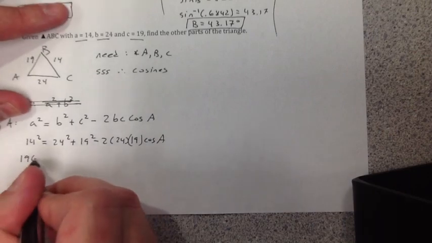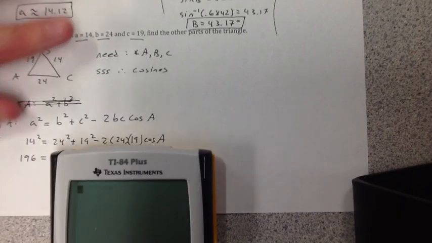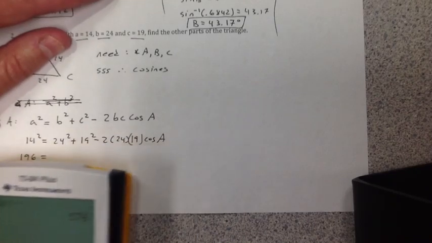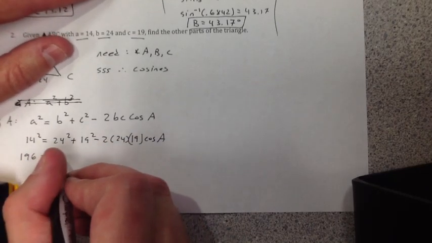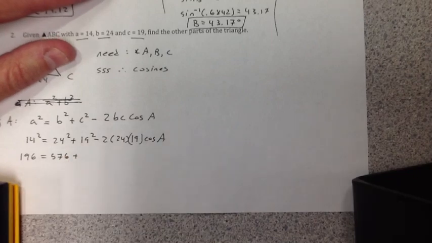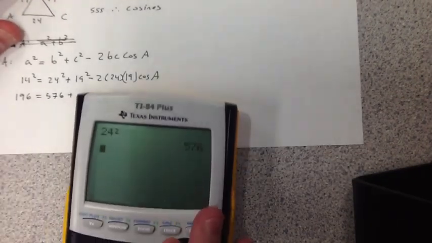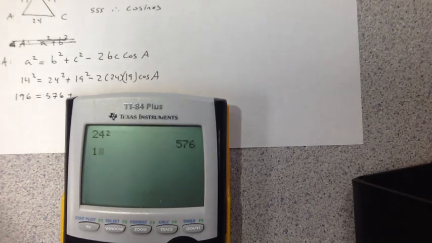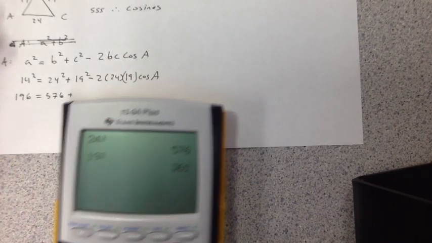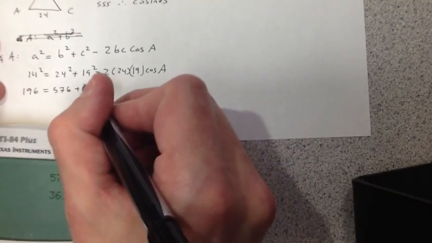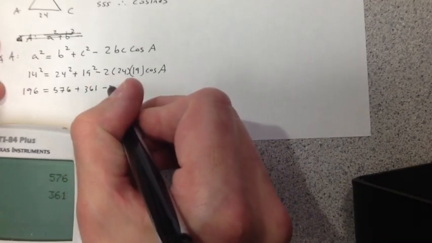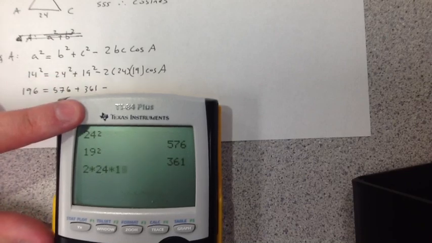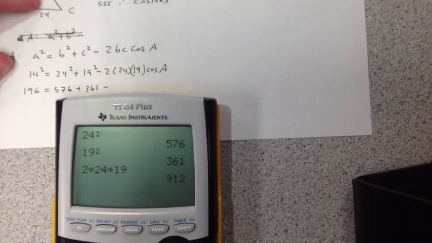That's 196 equals. And I just type this in, 24 squared. That's 576. Plus 19 squared. Okay? That's 361. Minus, and I just type all this in, 2 times 24 times 19 equals 912.